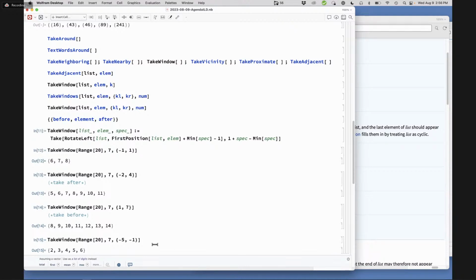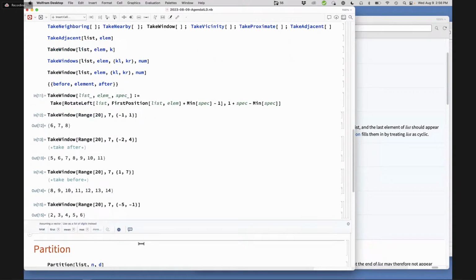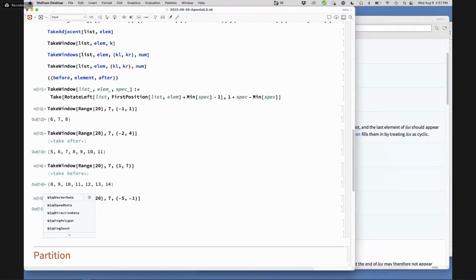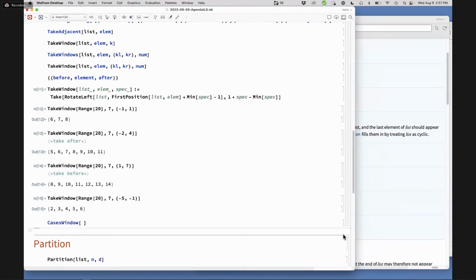This is really finding windows around. It's really more like CasesWindow. Or Window, CasesWindow. And you want it to be an arbitrary pattern, do pattern matching instead of an exact value. Sure, why not? Yeah, why not?